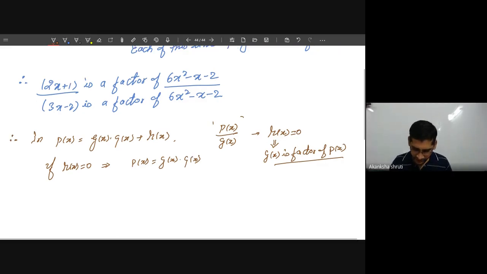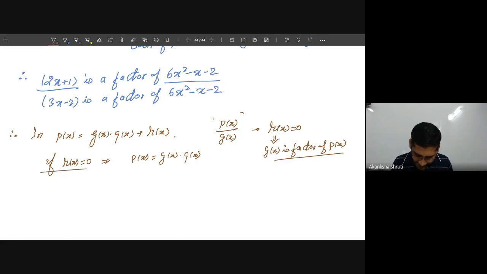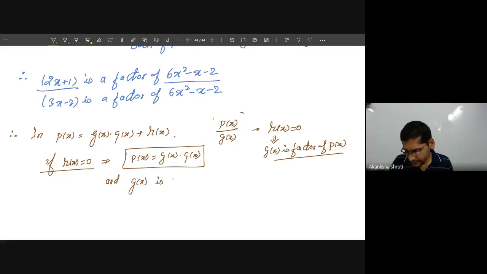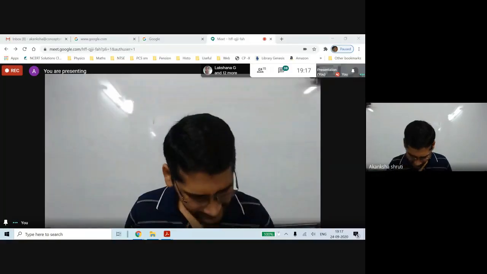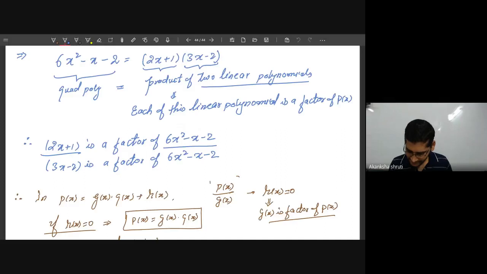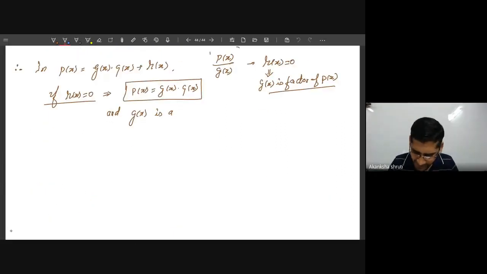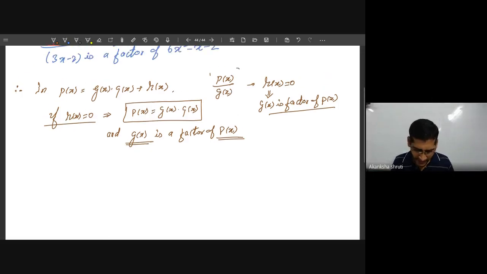But the important thing is that if the remainder is 0, then p(x) can be written as a product of the two, and g(x) is a factor of p(x).